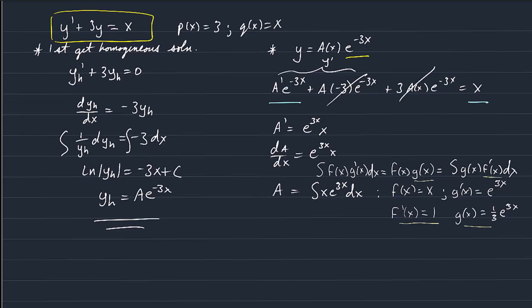This gives f of x, which is just x, times g of x, which is 1/3 e to the 3x, equal to minus the integral of g of x, which is 1/3 e to the 3x, times f prime of x, which is just 1. And so we know that this integral is equal to the difference of these two terms.